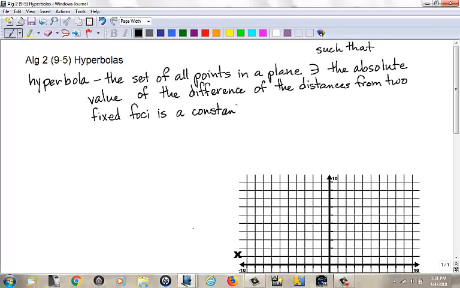And they actually show you a pretty good picture of that in the book. I'm not going to draw that in the notes.